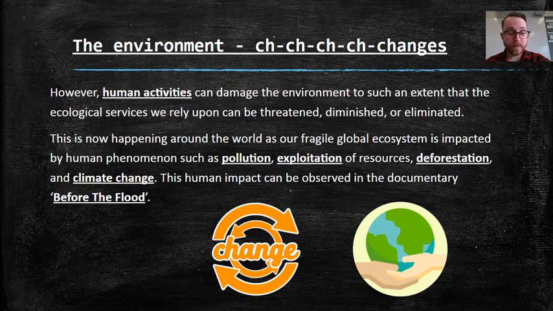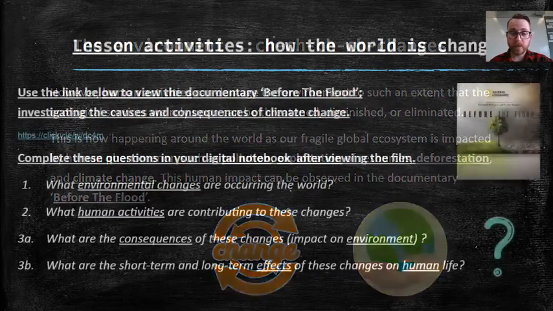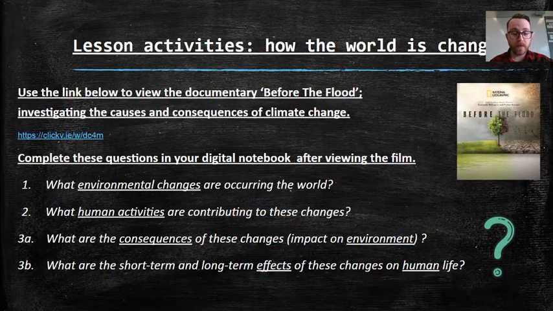Instead of taking one fish from the ocean, we're taking 1 million fish. Also deforestation, so chopping down big forests, and climate change. All of those negative human activities can be observed in this documentary called Before the Flood, which is what you'll be watching to answer these questions.